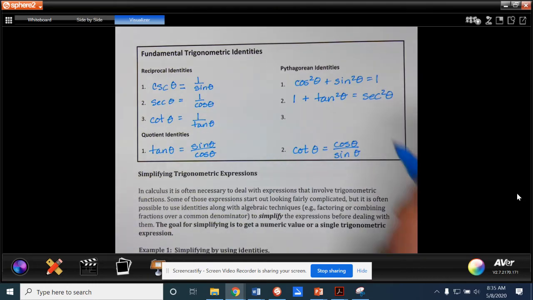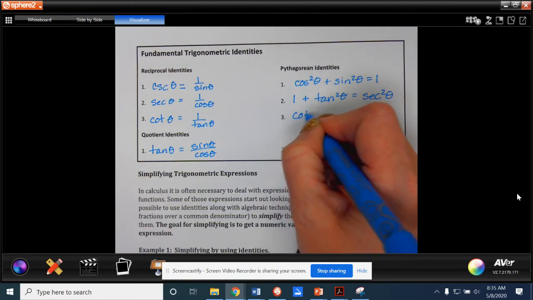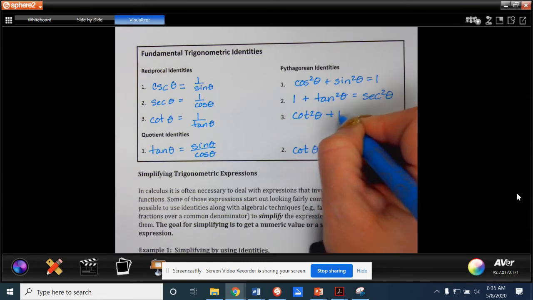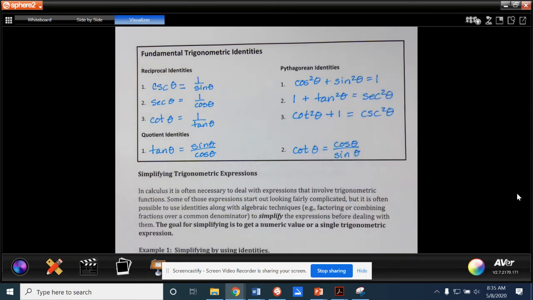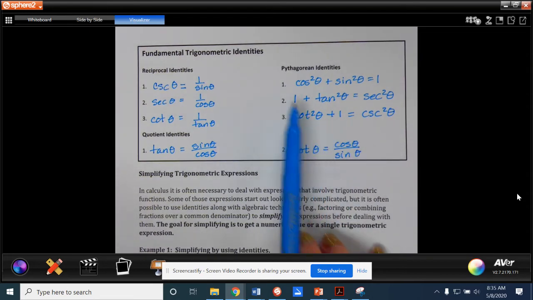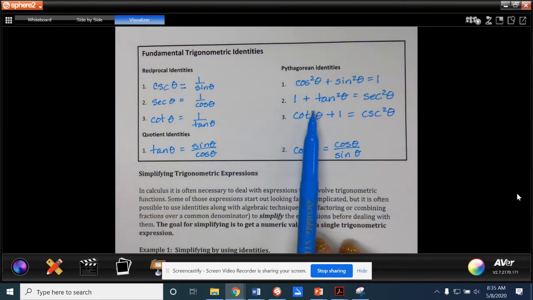And then the other one was cotangent squared theta plus 1 equals cosecant squared theta. And the nice thing about these identities is you could just take that original one and create these others too. So if you don't memorize it, you can at least derive it and have it available to you when you're doing your problems.